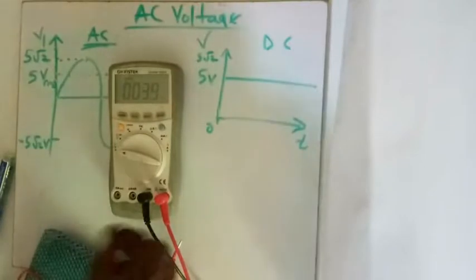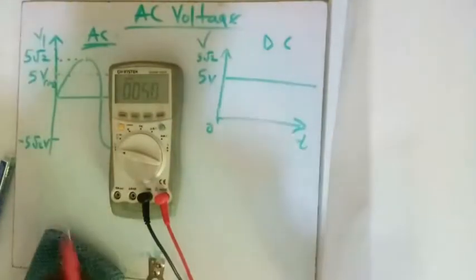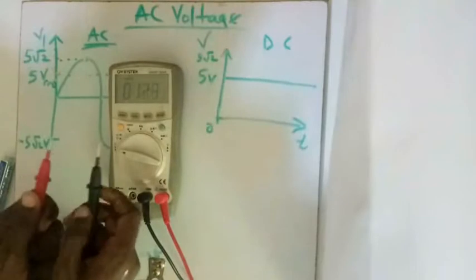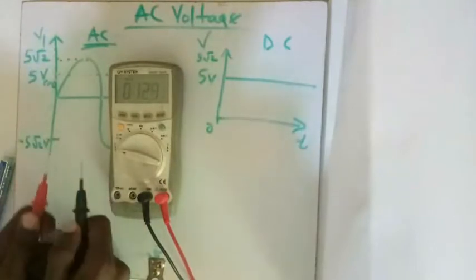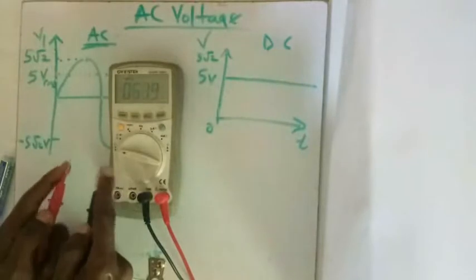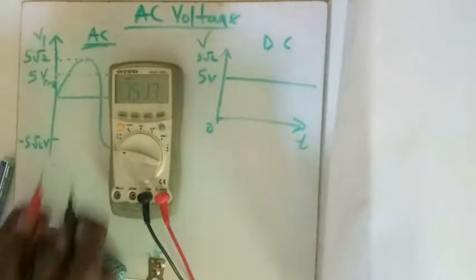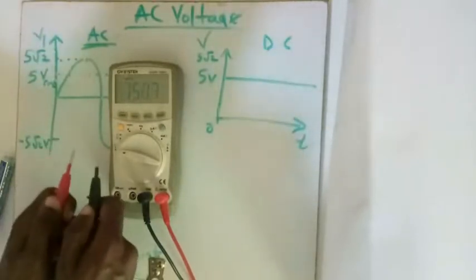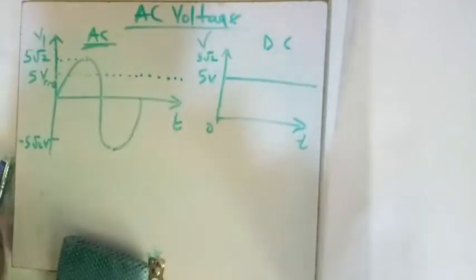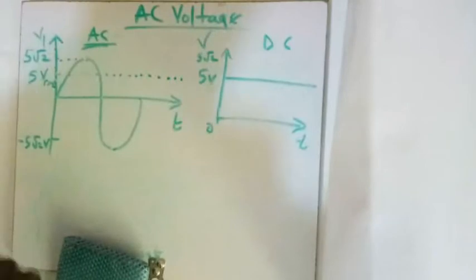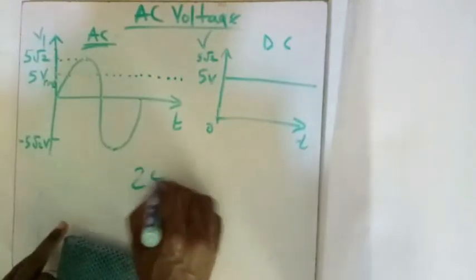Now if you use your multimeter to measure AC voltage, and you plug the two terminals into your public power supply, you are going to get something that looks like this. You're going to get 240 volts.